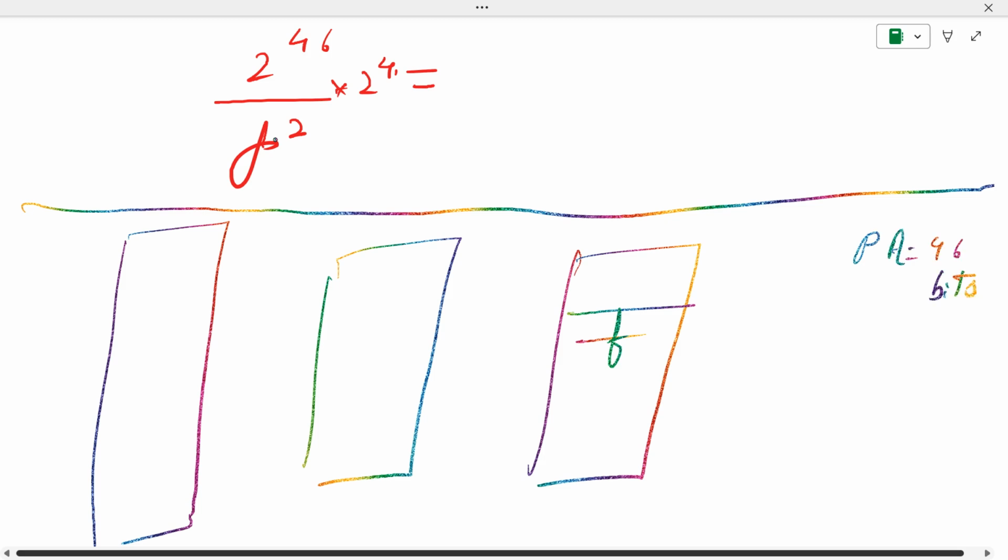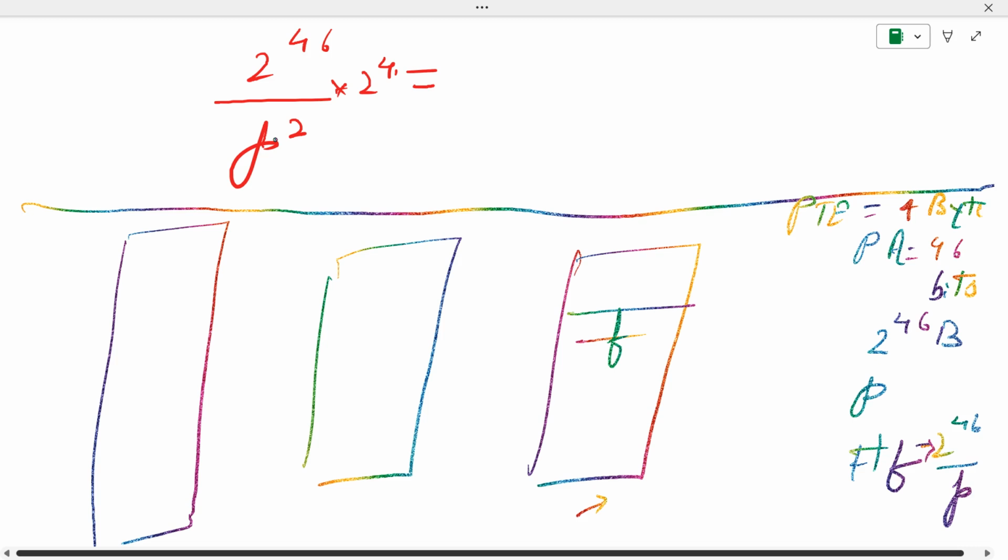If the PA is 46 bit and PTE we have been given as 4 byte, and memory is byte addressable, so PAS is 2 raised to the power 46 byte. Let's say the page size is P. So the number of pages in the third level is 2 raised to the power 46 upon P.